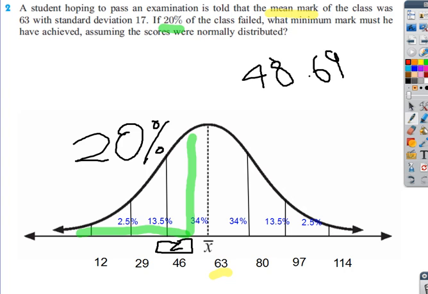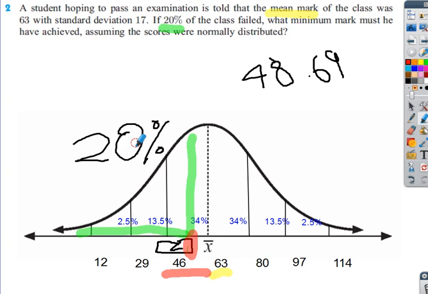Now, if you can imagine down here, 48.69 is somewhere around about here. Okay, somewhere around about there, and that relates pretty well to what we thought. So our number, our part, if you got 48.69, you're in that 20% that failed.